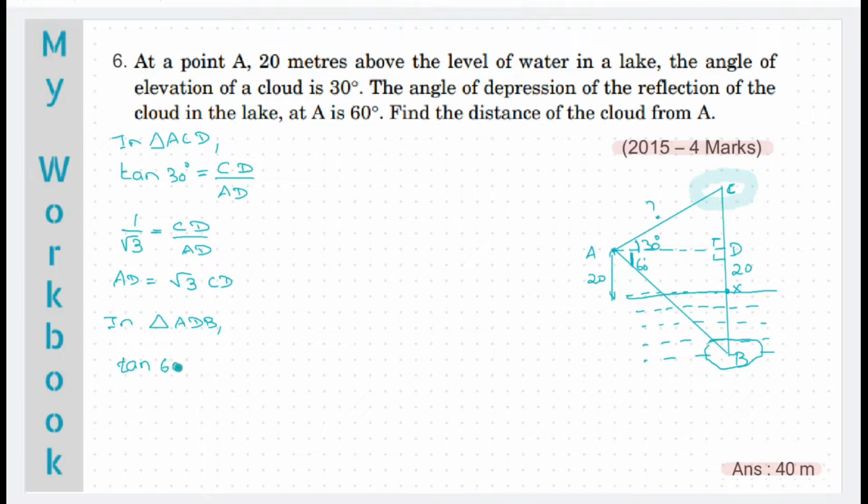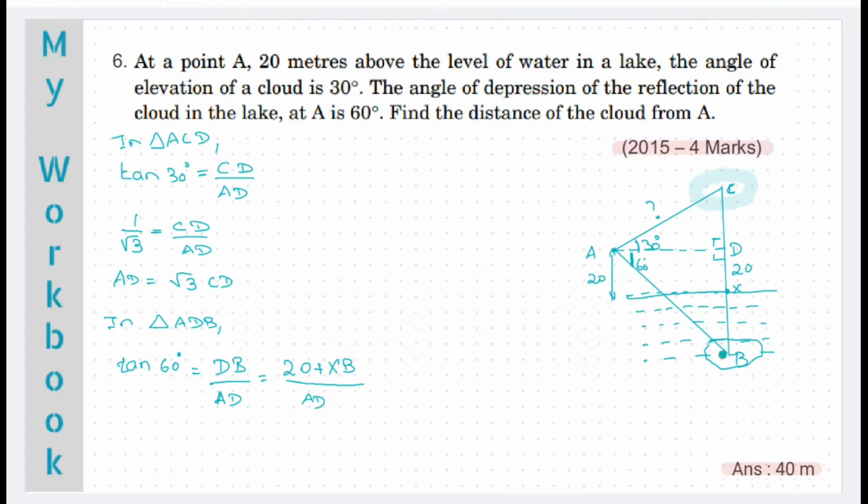Tan of 60 degrees is DB by AD. Now DB can be further split into DX plus XB. DX is nothing but 20. So it can be written as 20 plus this distance XB divided by AD.